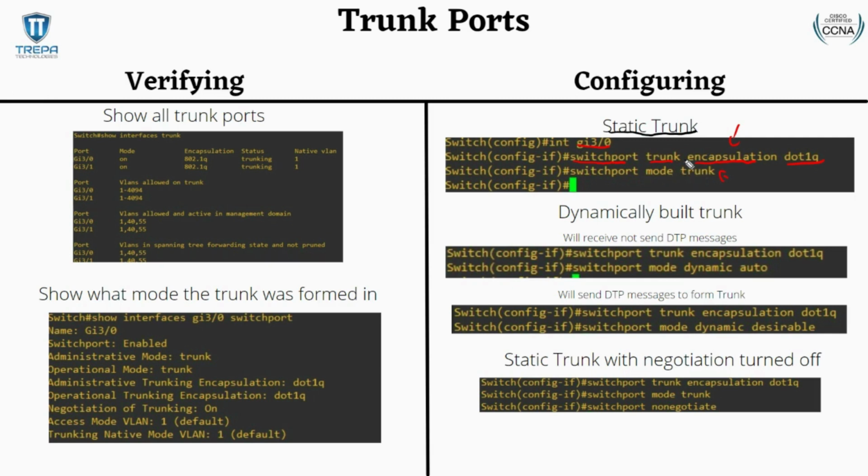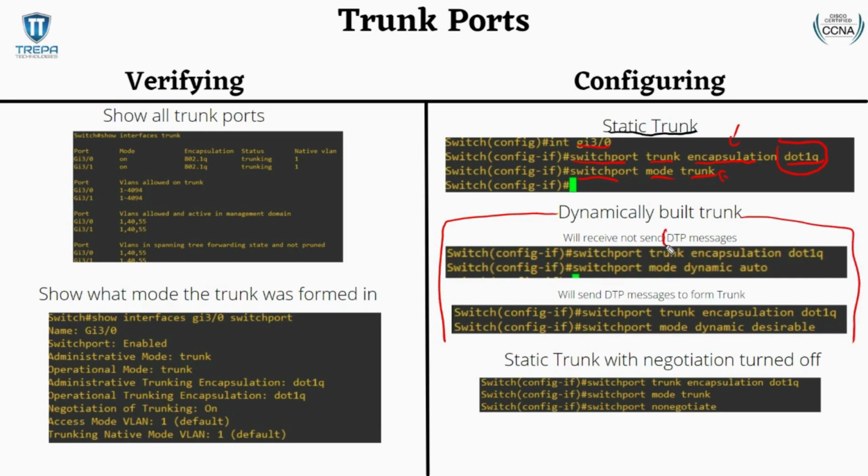We need to define the encapsulation standard we're using, 802.1q, and then we can say, all right, switchport, your mode is going to be trunk, and that's a statically built trunk.